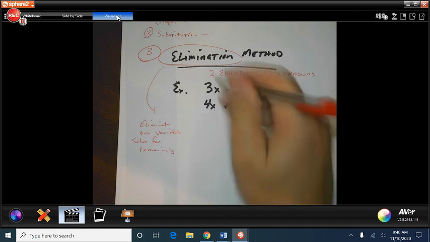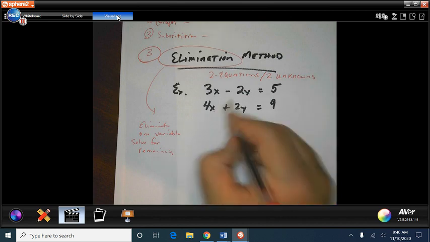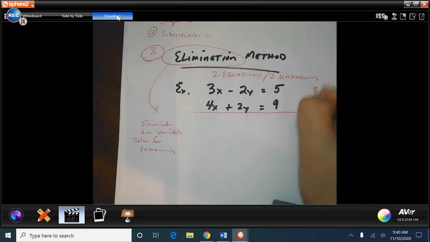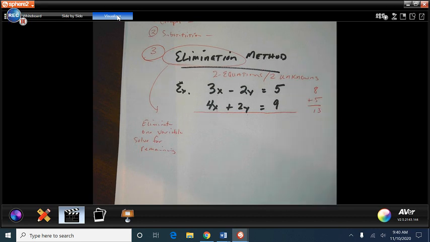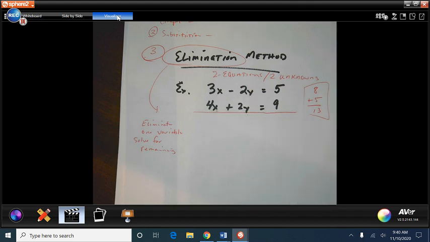We've written them in a vertical fashion here, so they're not across from each other. Just like the old school, if I were going to take 8 plus 5 and get 13, and I write it like that, we do the exact same thing, except I know it's a little bit more complex because we got variables involved.